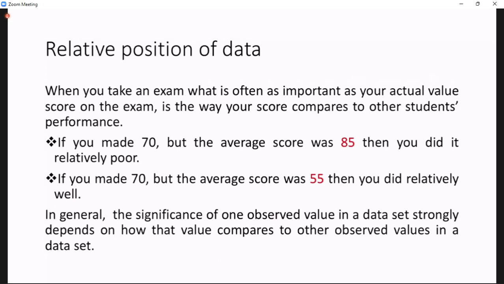Understand? So we call this the relative position of data. In general, the significance of one observed value in a data set strongly depends on how that value compares to other observed values in the data set.